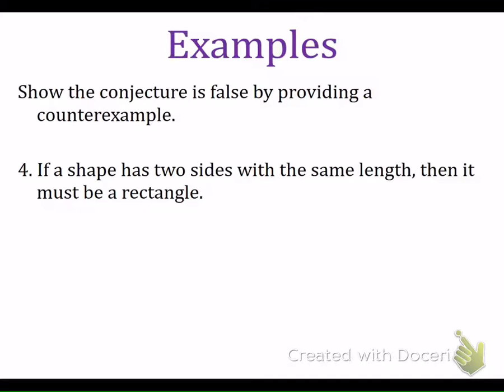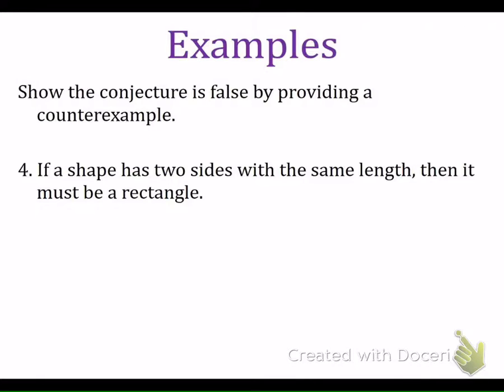Here's another one. If a shape has 2 sides with the same length, then it must be a rectangle. That's false. You need to provide me with a counterexample. You can draw a hexagon. Yeah, so there's even an easier one that I was just thinking of.